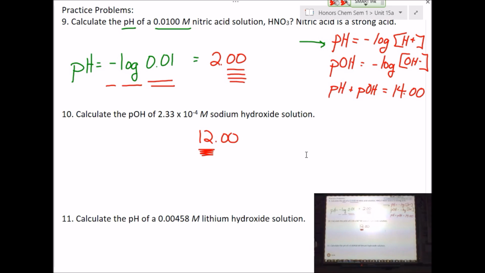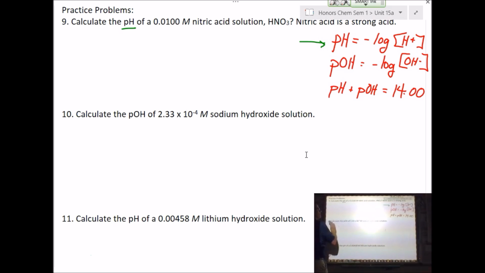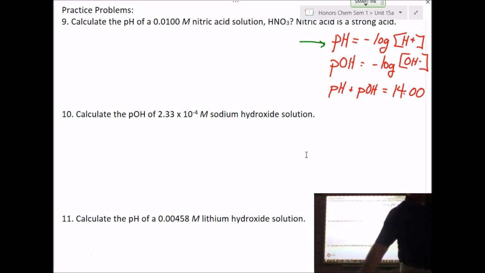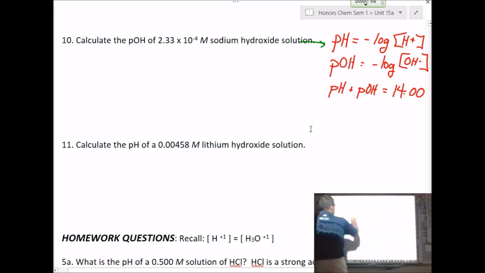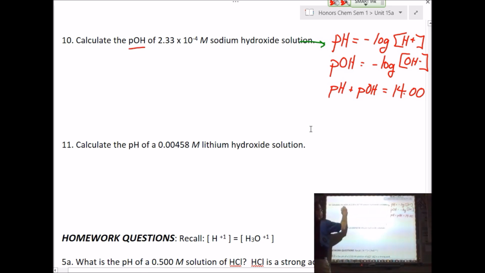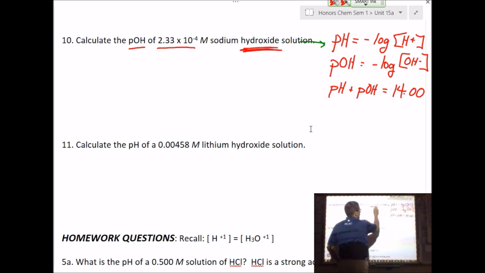Okay. Let's do another. All right, the next one says calculate the pOH of a 2.33 times 10 to the negative 4 molar solution of sodium hydroxide.